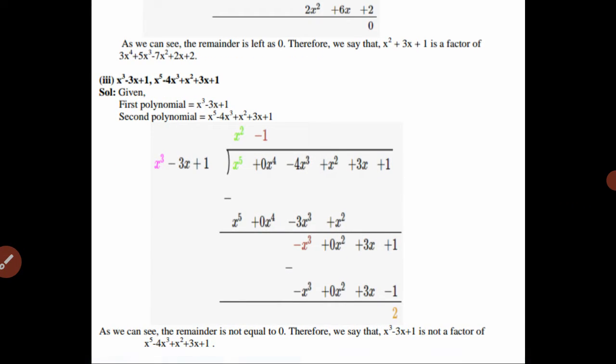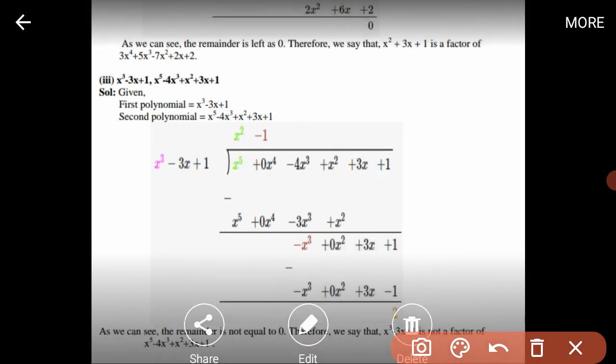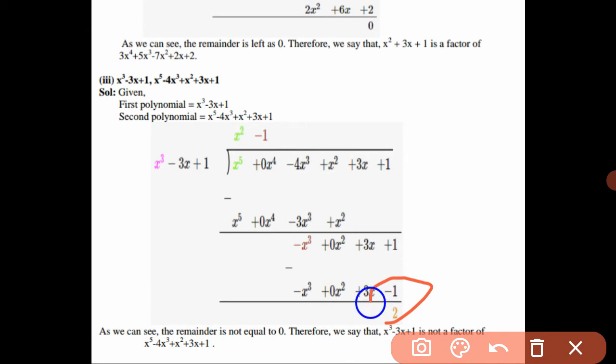So in the third part also you have to divide x power 5 minus 4x cube plus x square plus 3x plus 1 by x cube minus 3x plus 1. So by dividing here we will find that the remainder is 2. So the remainder is 2, meaning the remainder is not 0. If the remainder is not 0, then in that case we can say that the first polynomial is not a factor of the second polynomial.